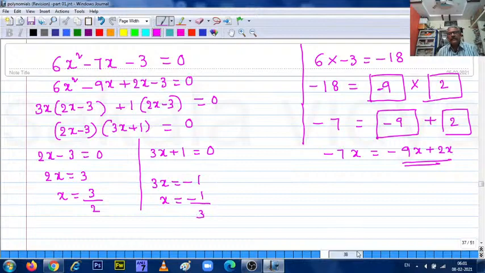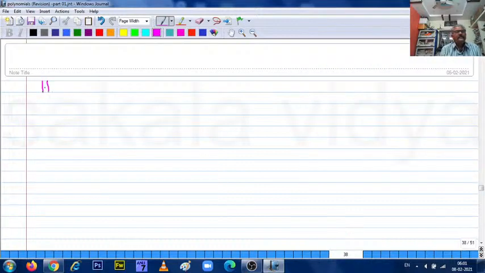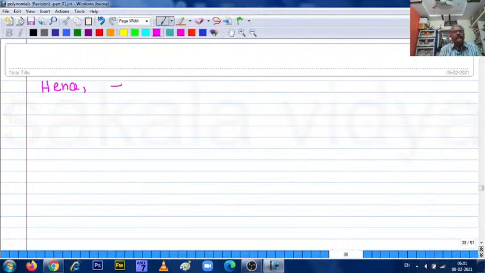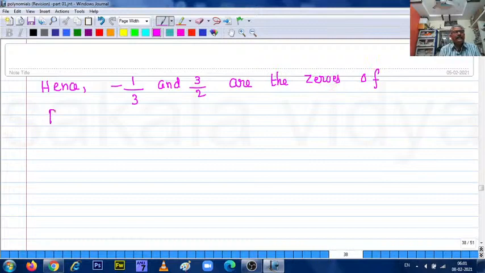So that means we conclude that, hence, negative 1 upon 3 and 3 by 2 are the zeros of p of x equals 6x square minus 3 minus 7x. So now what shall we do here?